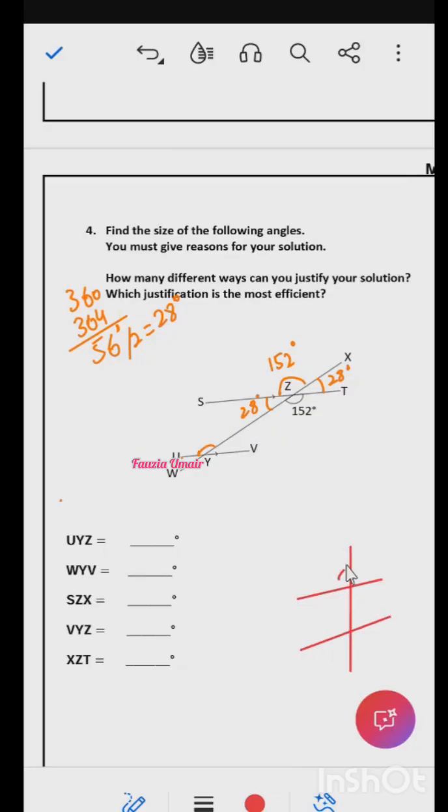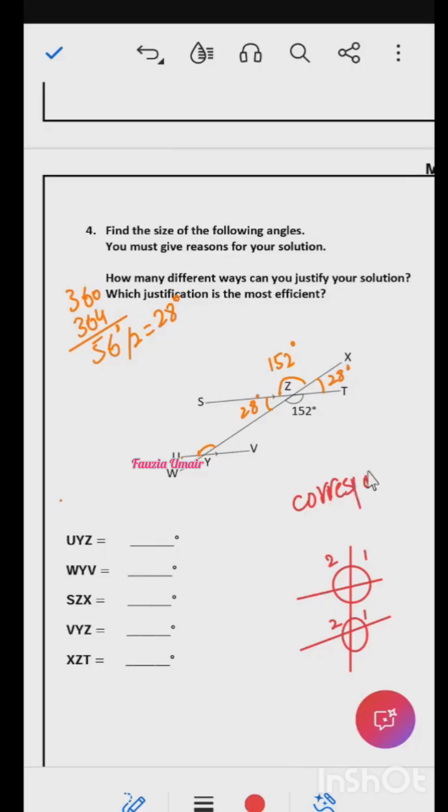Like these angles are the same as this angle. If this is angle 1, this will also be angle 1. If this is angle 2, this will also have the same value. These angles are called corresponding angles, because they are formed in the same place.